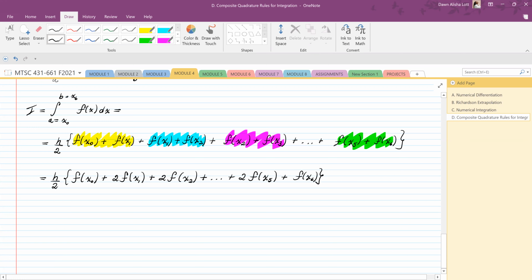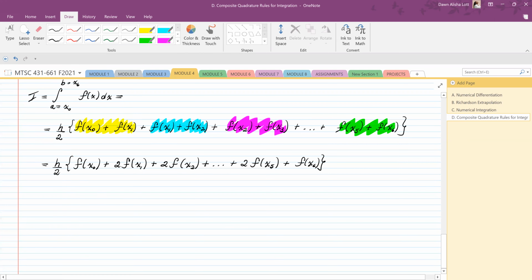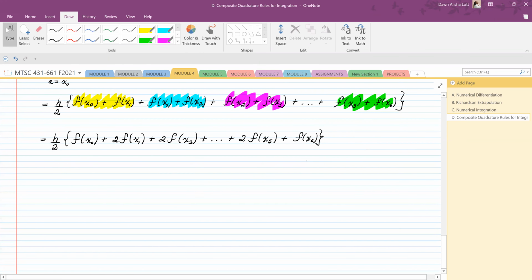All right. So in general, I is going to equal the integral from a equals x naught to b equals xn of f of x dx.